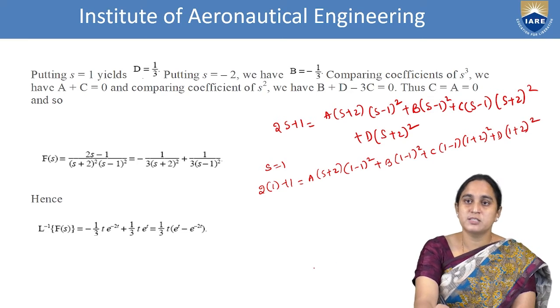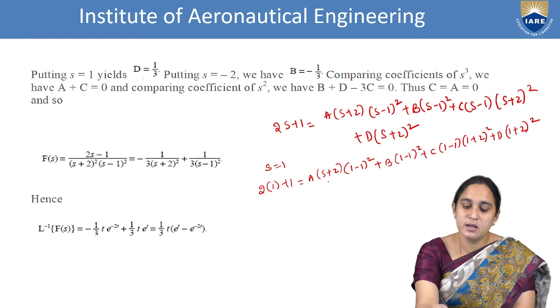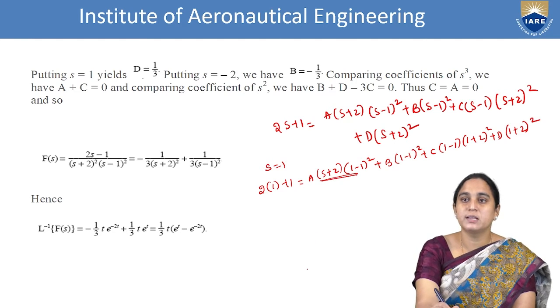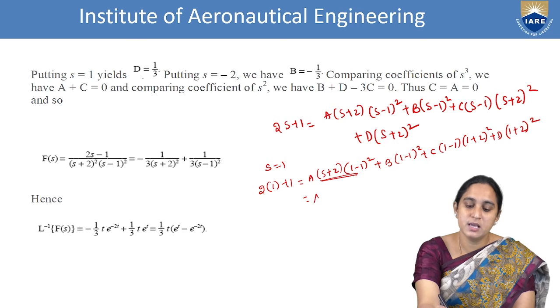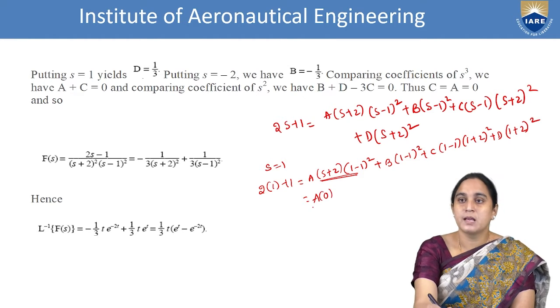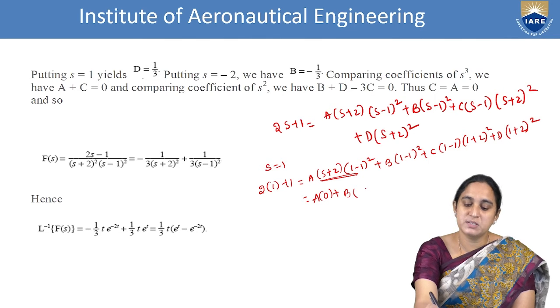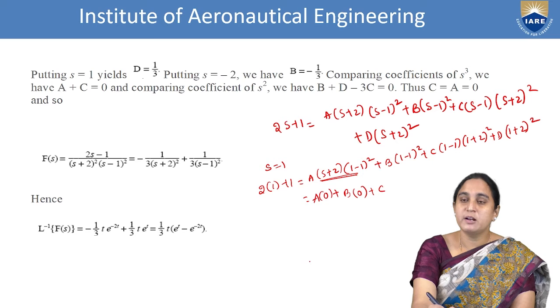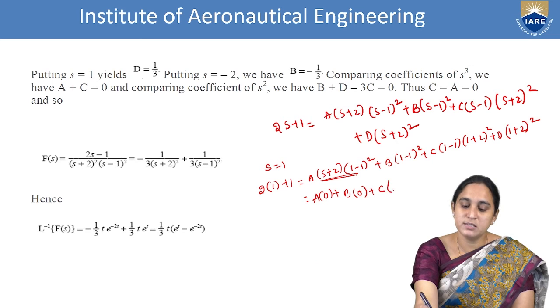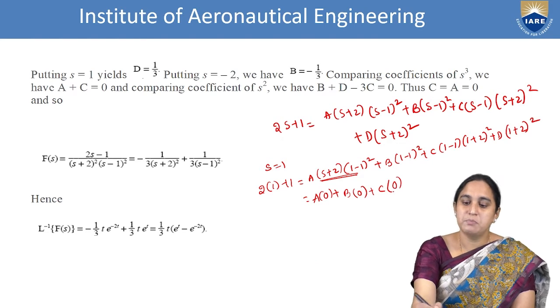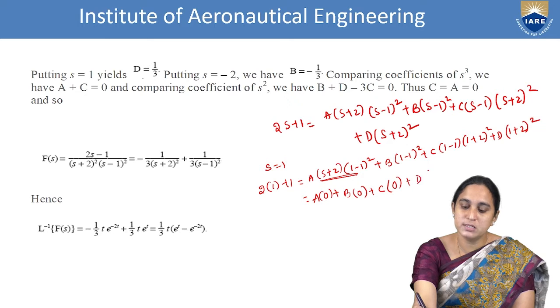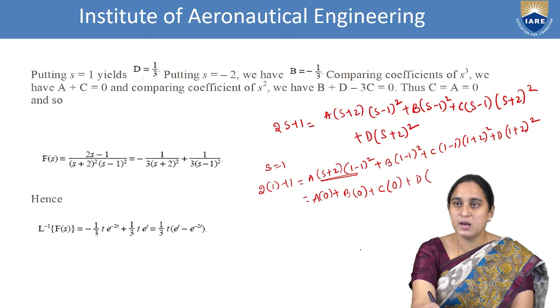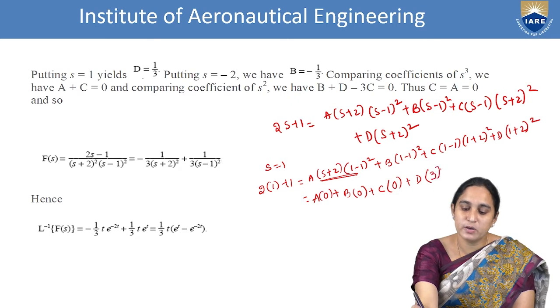Once you observe, after substituting s is equal to 1, for the a part, 1 minus 1 means a of 0, plus b of 0, since 1 minus 1 whole square is also 0, plus c into (1 minus 1) into (1 plus 2), that is anyway 0, plus d into 1 plus 2, which is 3 square.